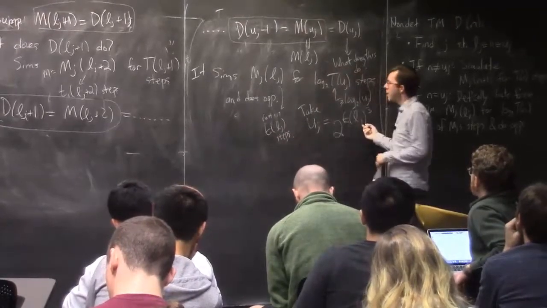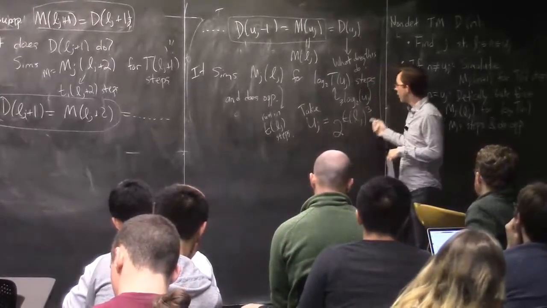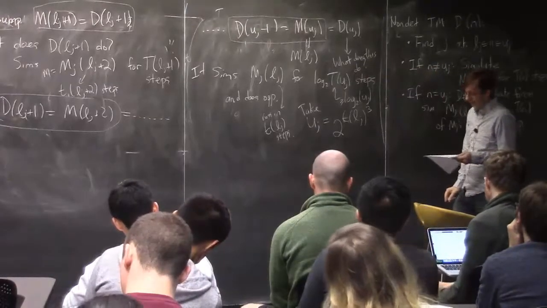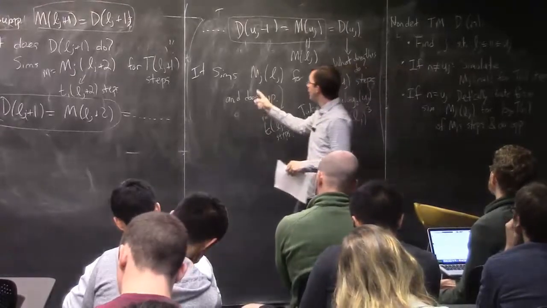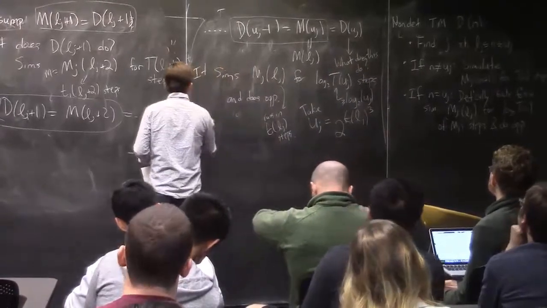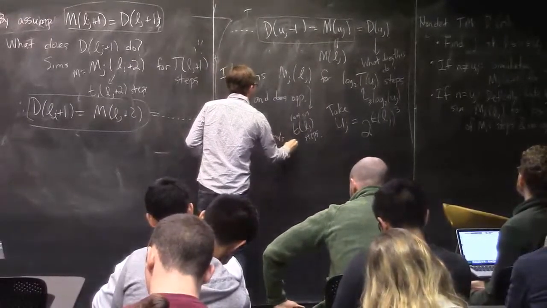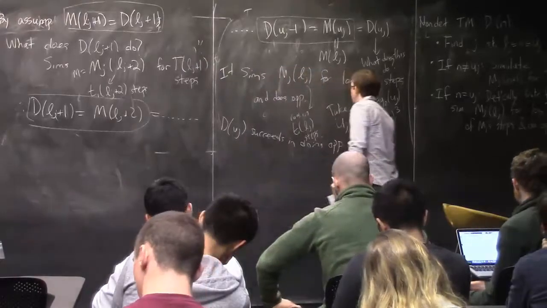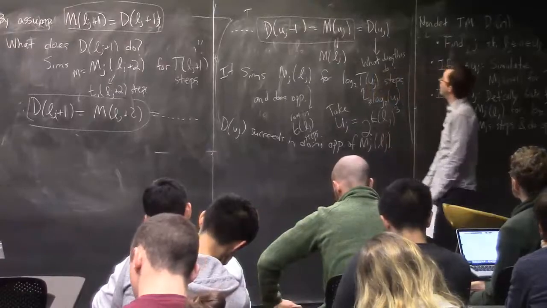Maybe you're doing a deterministic simulation here, so you might have to worry about the tapes or whatever, but you're doing it for this many steps, so you've got yourself covered. So this is all just cooked up, and this will succeed. So D of u_j succeeds in doing the opposite of M_j on L_j.